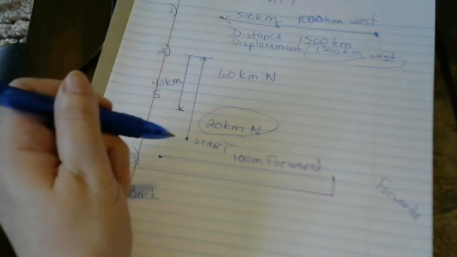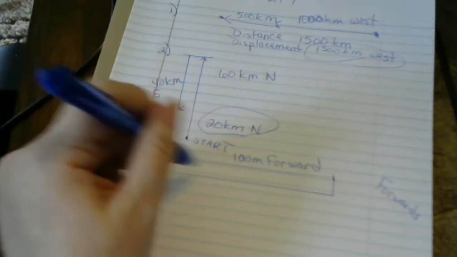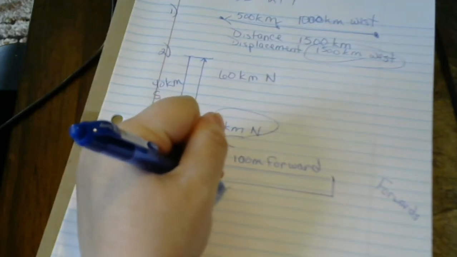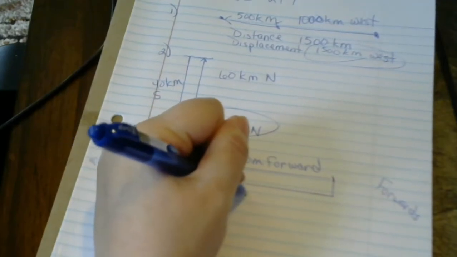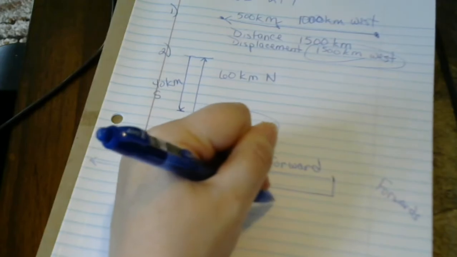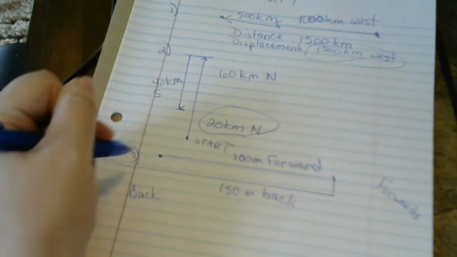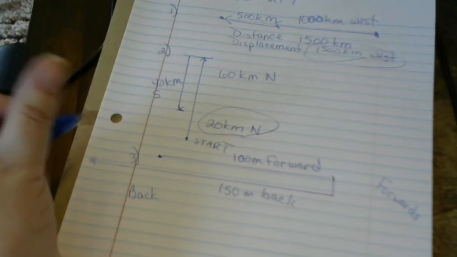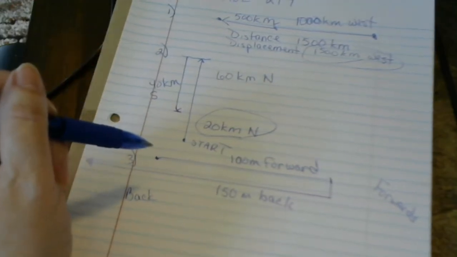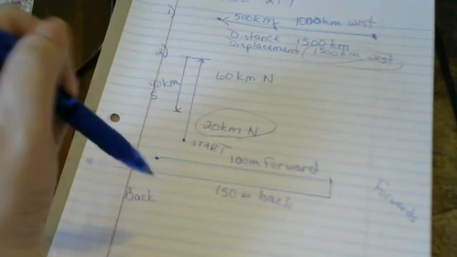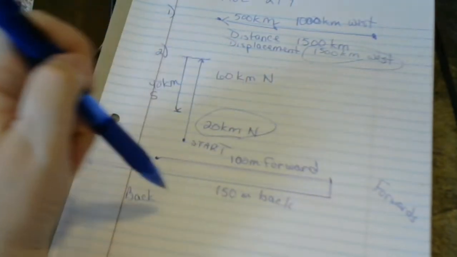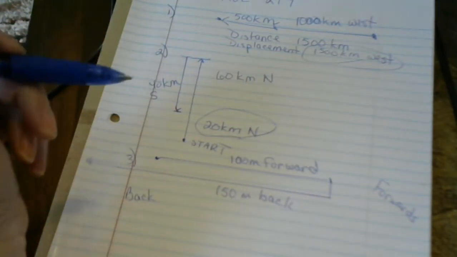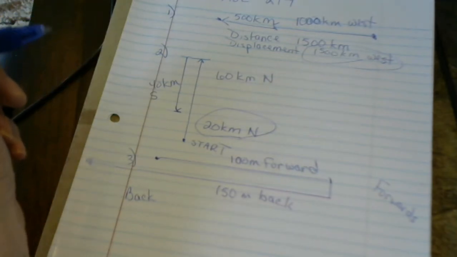So you have 100 meters forward, 150 backwards, and so you are here. Okay, so we're looking at distance is the total traveled. So 100 plus 150 is 250.